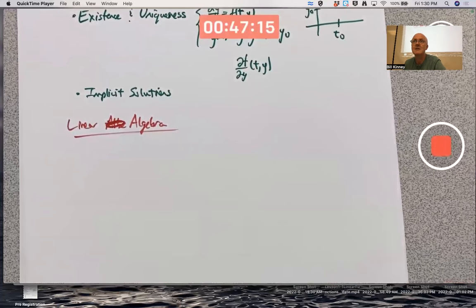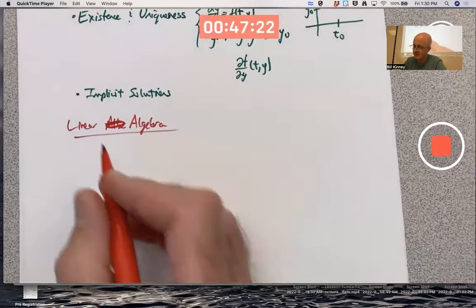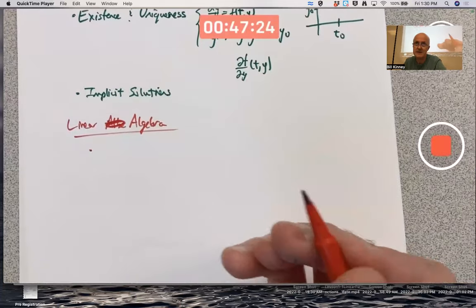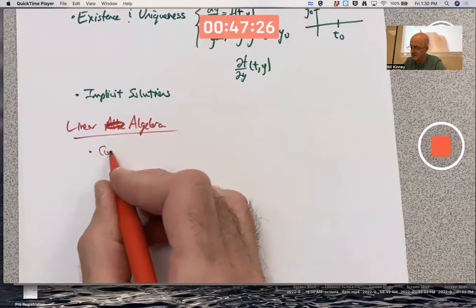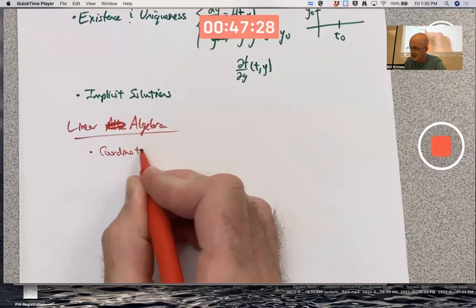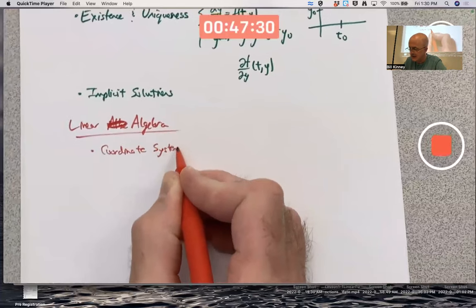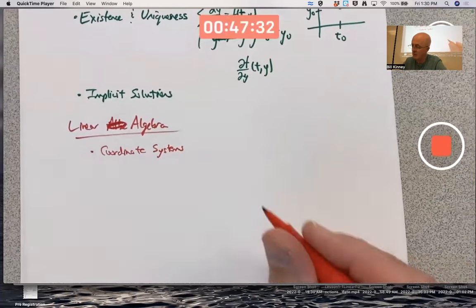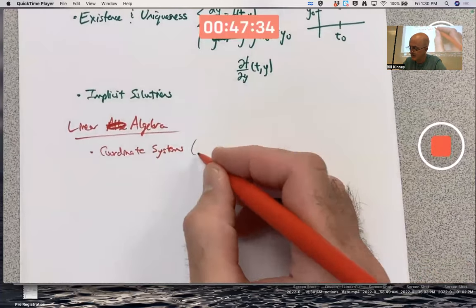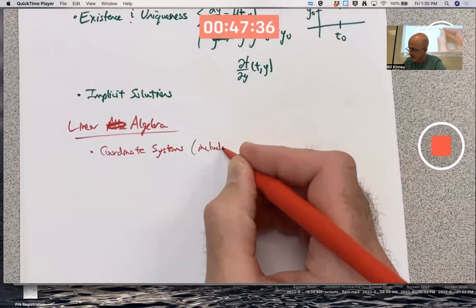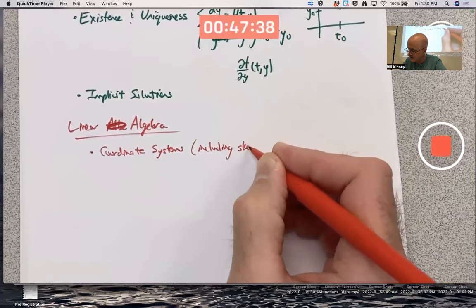Linear algebra, visual linear algebra online, and also the lectures. The initial focus was fairly simple: just coordinate systems, including the basic idea of a skewed coordinate system, skewed coordinates.